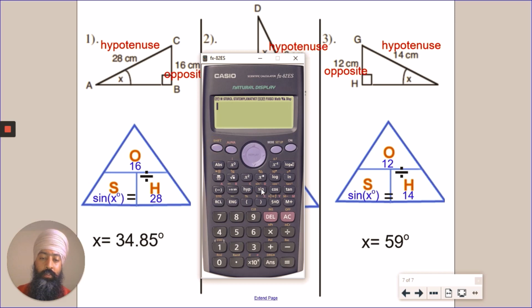So inverse sine of 12 divided by 14 is equal to 58.997 to 2 decimal places. Okay, that would be 59 degrees.